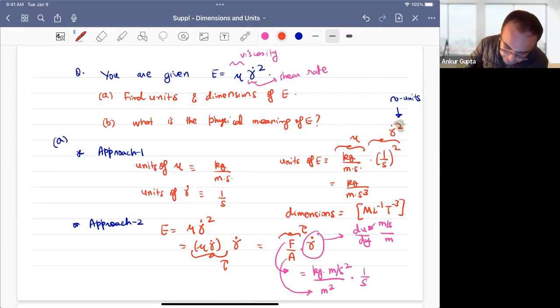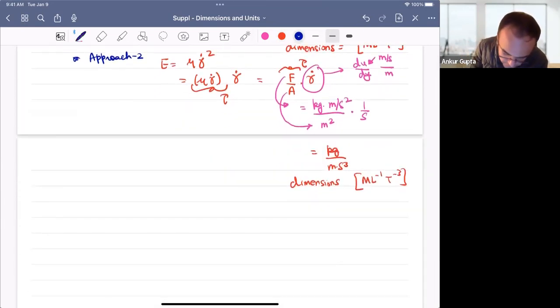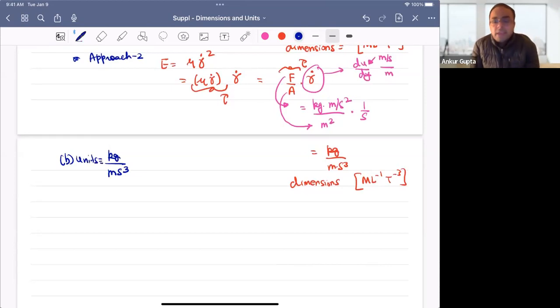So let's say one approach is B. We know B is kg per meter second cube. So we know the units are these. So how do I make any sense of this? It is just such a strange number. To do that, I will start to go a little bit further back into the system. You would agree that I can call this kg meter per second square, by meter square, by 1 by second.